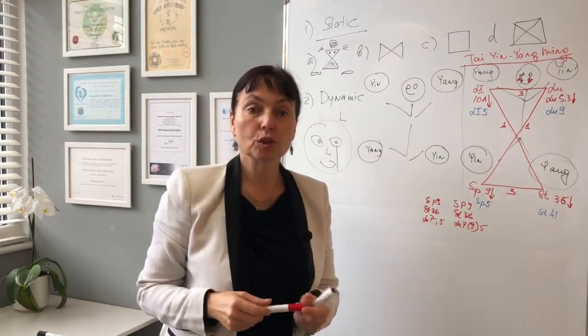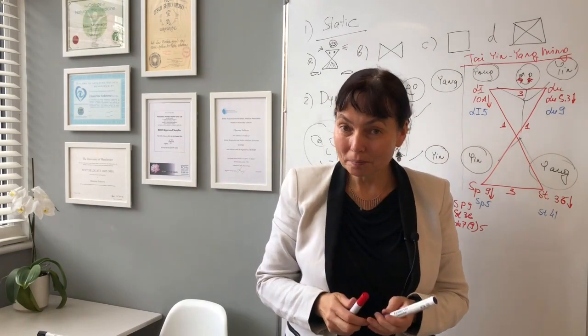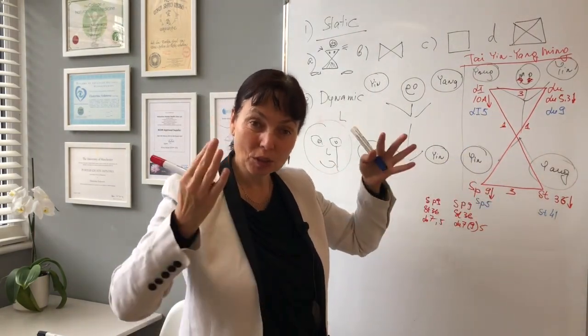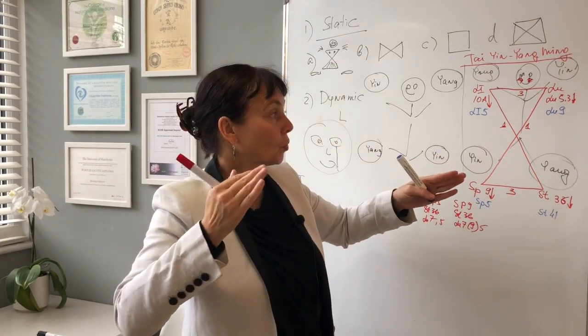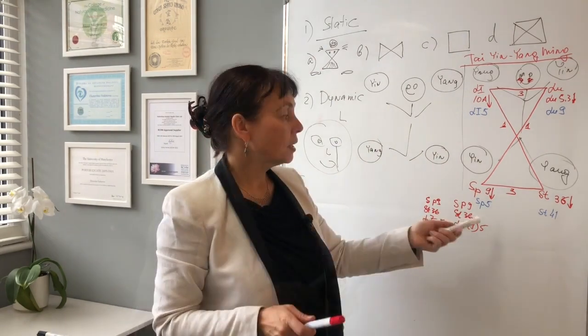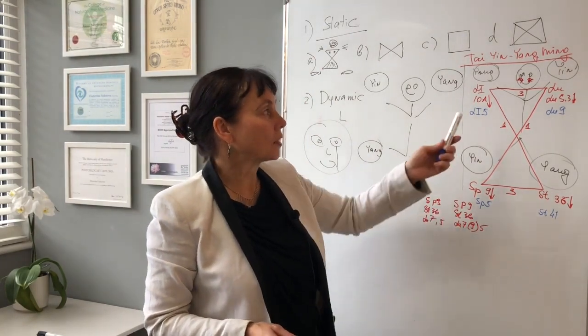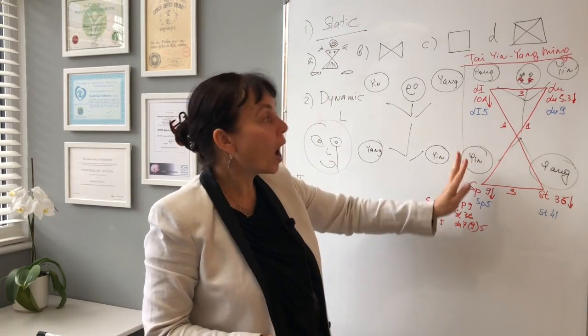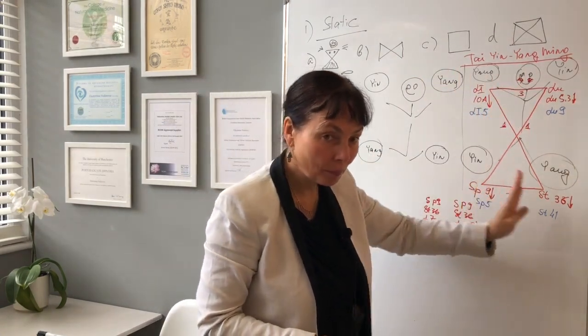And later I will show you how we'll make the table, and we will put all the patterns that we learn into the table so we can see and find them easily. Yeah, you can. So I want to clarify that this is the pattern Tai Yin Yang Ming that we use. I just show you how to build it up.